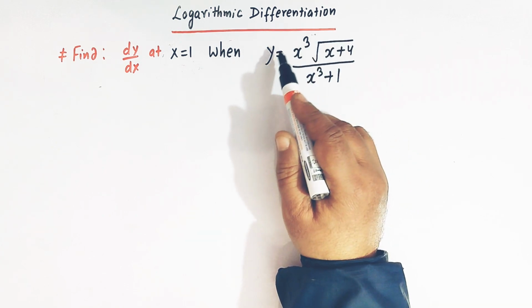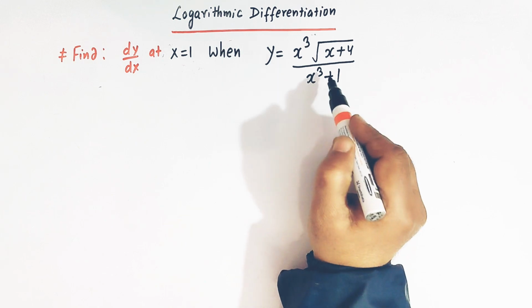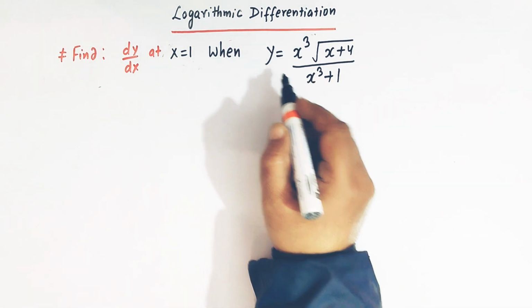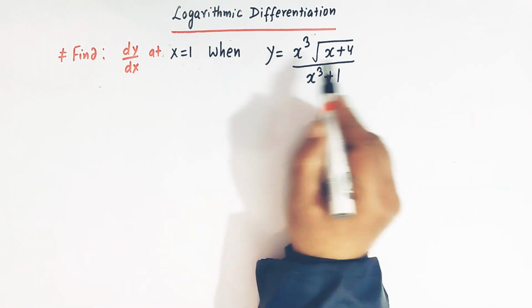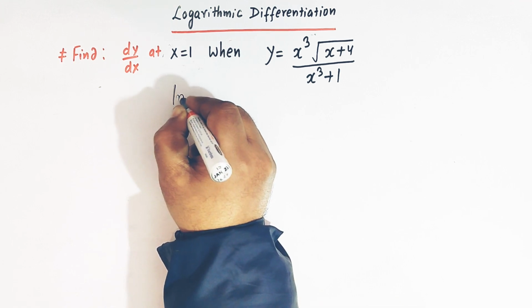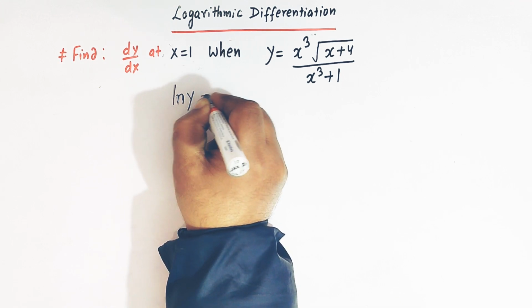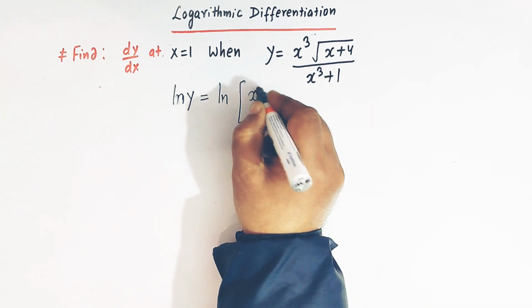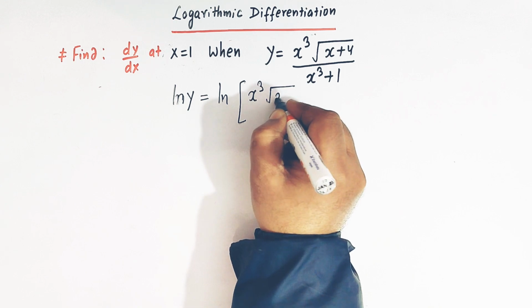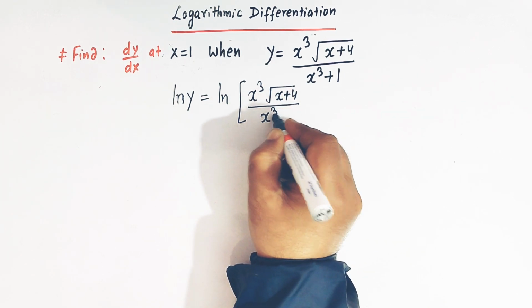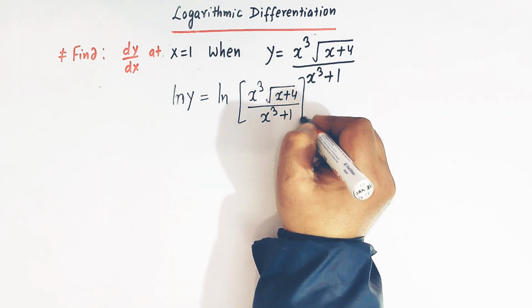So first we'll simplify this function with the help of logarithms. Let us take the natural log of both sides. So we'll get ln y is equal to ln of x cube times square root of x plus 4 divided by x cube plus 1, right?